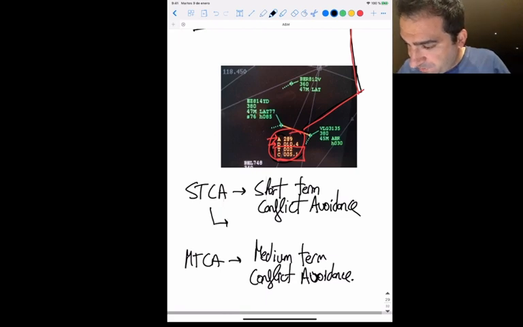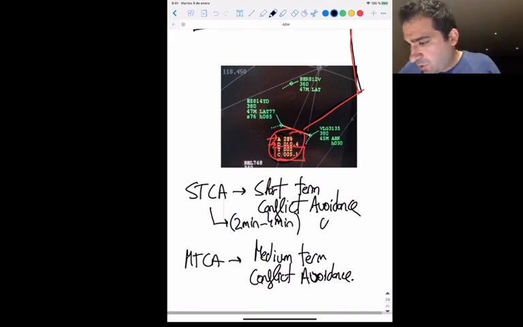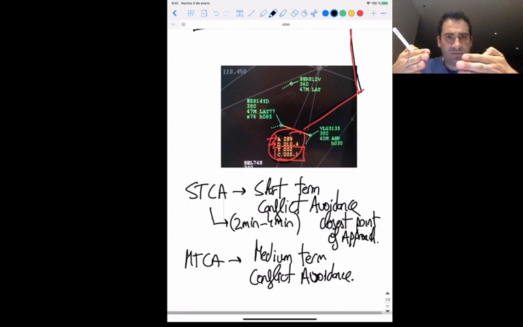In any case, the short-term one works 2 to 4 minutes before something called the closest point of approach, which is like the intersection of the two planes of movement. Right?